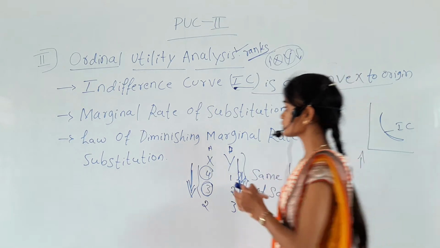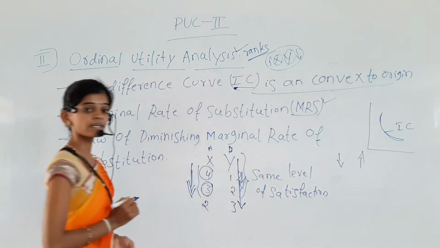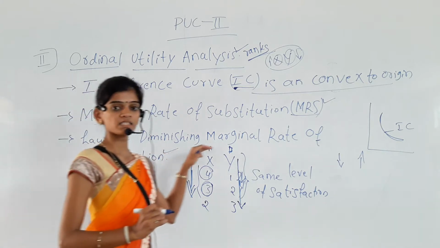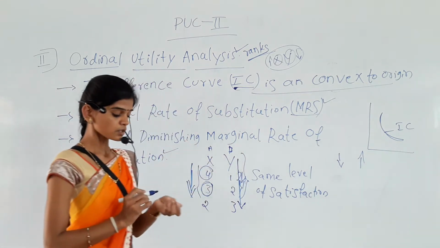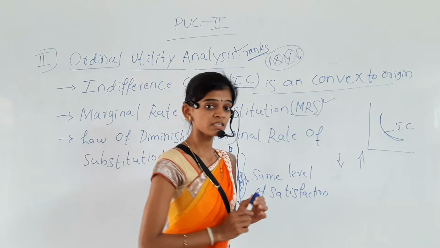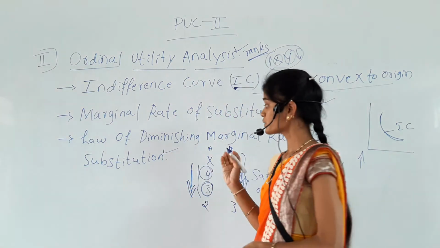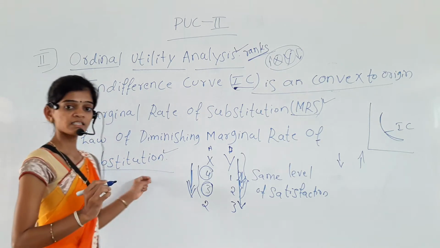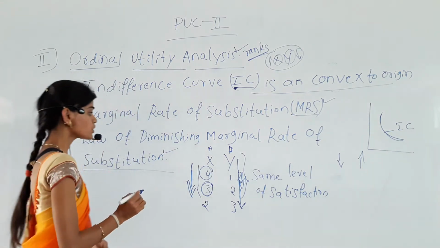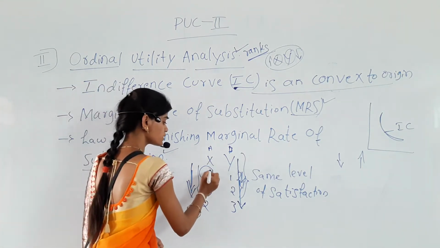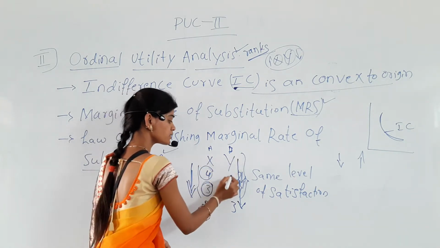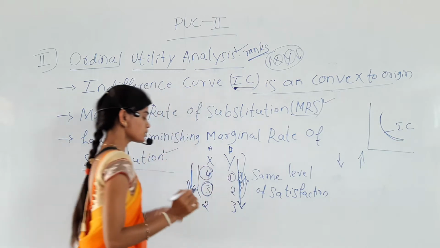Next comes the law of diminishing marginal rate of substitution. So what is the law of diminishing marginal rate of substitution? Here a consumer is first using 4 apples and 1 banana.